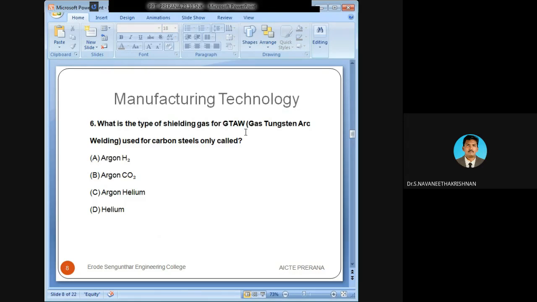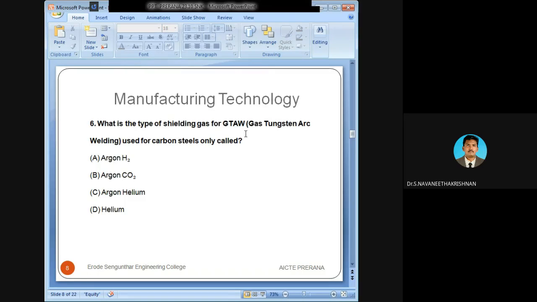The various answers are: A, argon hydrogen. B, argon carbon dioxide. C, argon helium. D, helium.